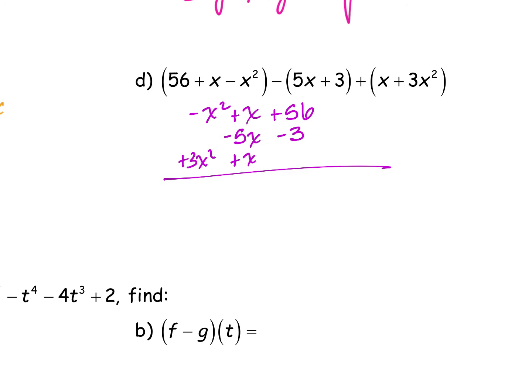I distributed the negative through here and then lined up my like terms. So when I add them, they're all just right there. So I've got 2x squared minus 3x plus 53. I think that's right.